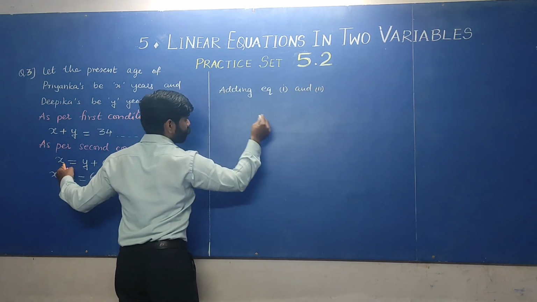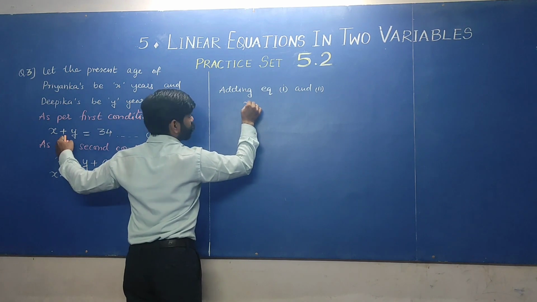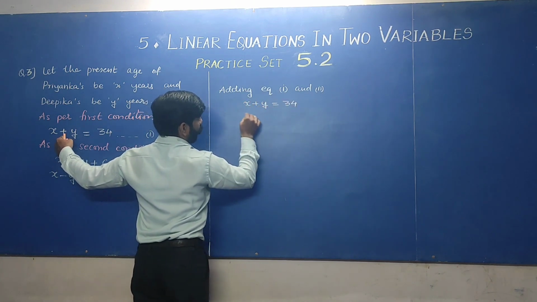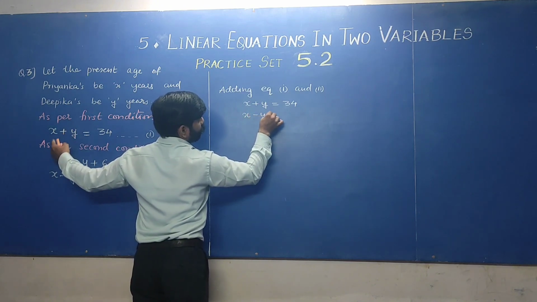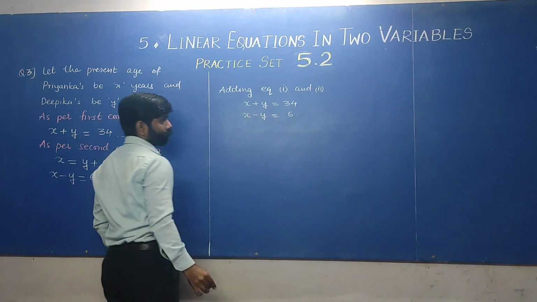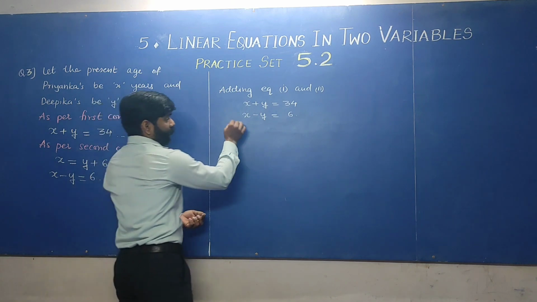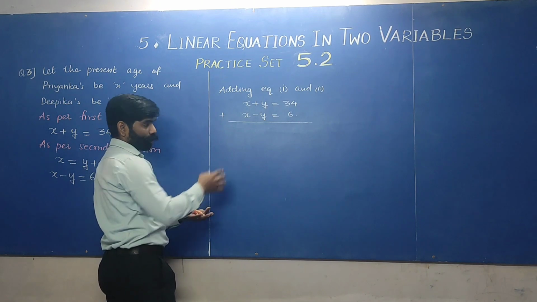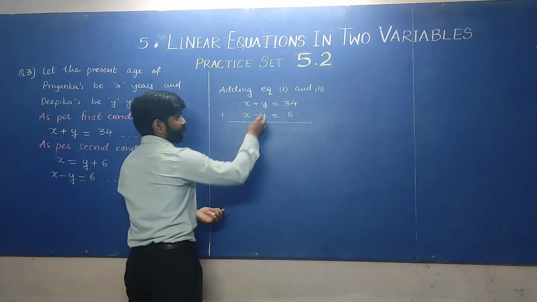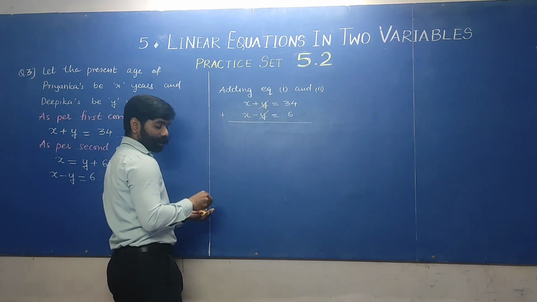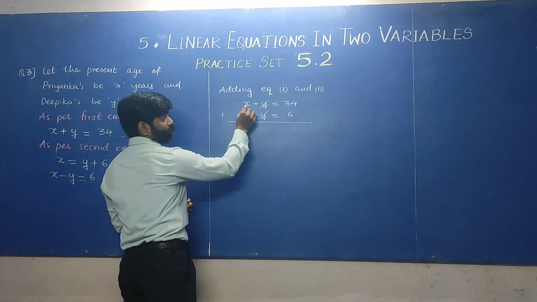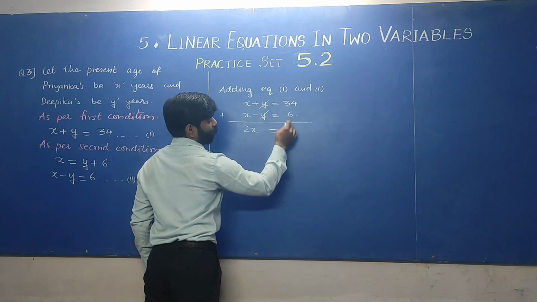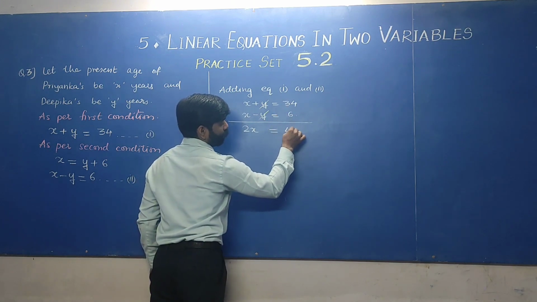Now we will get x plus y is equal to 34, and second x minus y is equal to 6. As we are adding these two equations, students, we are putting a plus sign, no change of sign. So this is plus and minus is getting cancelled. So x plus x is 2x is equal to 34 plus 6 is 40.